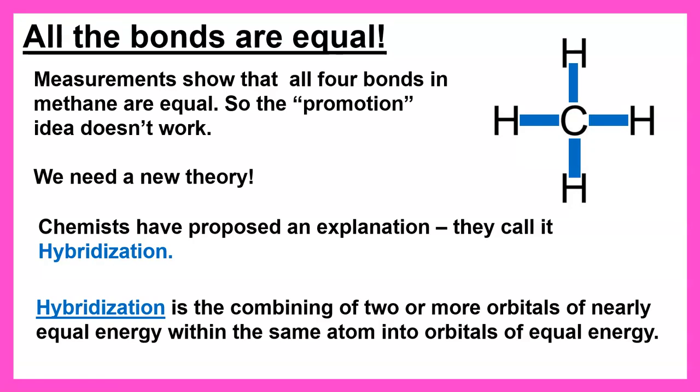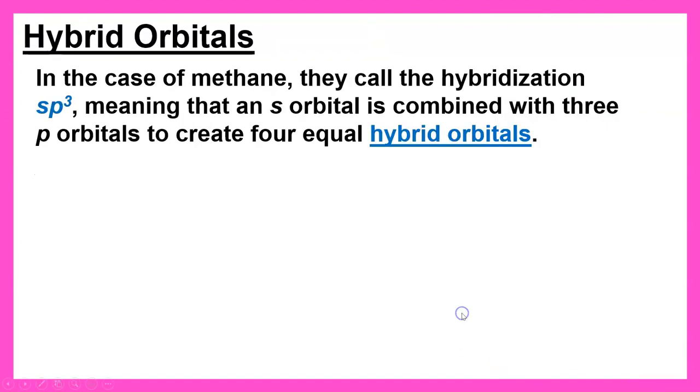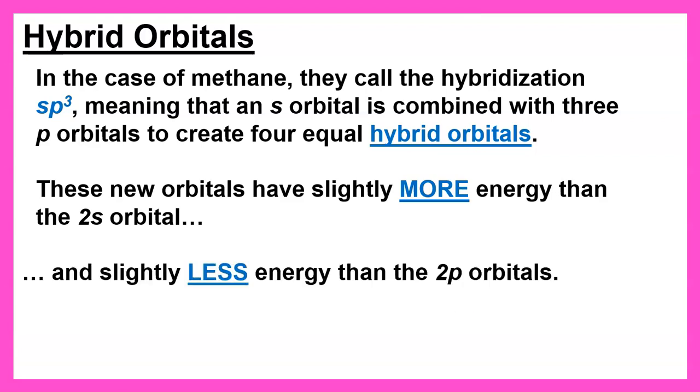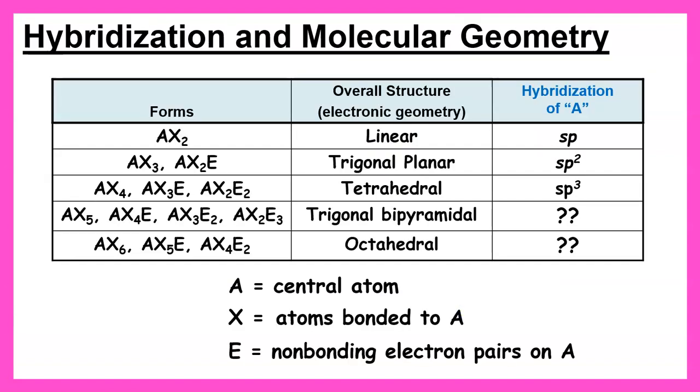Now, the result of that we see in all sorts of our different shapes, right? We end up with correct angles, correct lengths, correct energies. They end up with a little bit more energy than the 2s, but a little bit less than the 2p. Matches up with all those Vesper shapes you learned about.